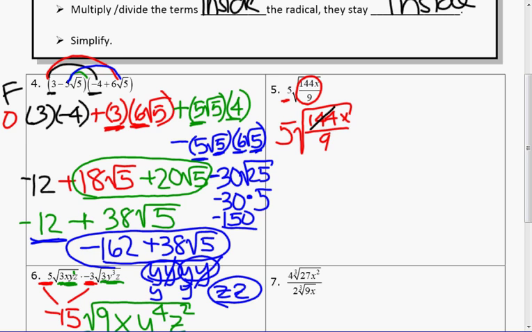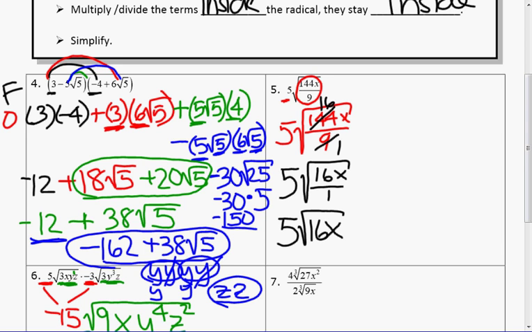So if we take out a 9 out of 144, so like we divide out a 9, you should get a 16. And then you take out a 9 out of 9, like a 9 divided by 9, and you get 1. So if we rewrite that again, we have 5 square root of 16x over 1, which we can rewrite as 5 times the square root of 16x. Remember, 16x divided by 1, anything divided by 1 is just itself.